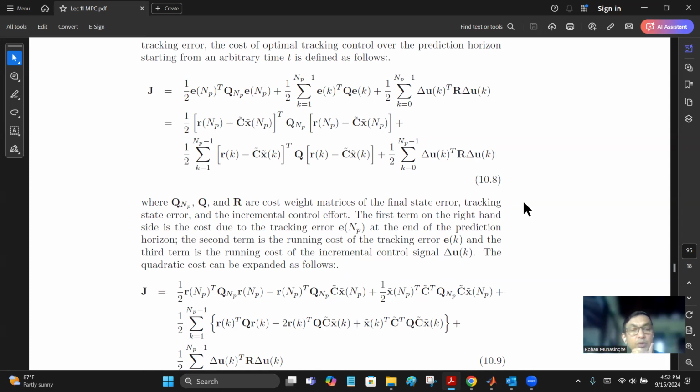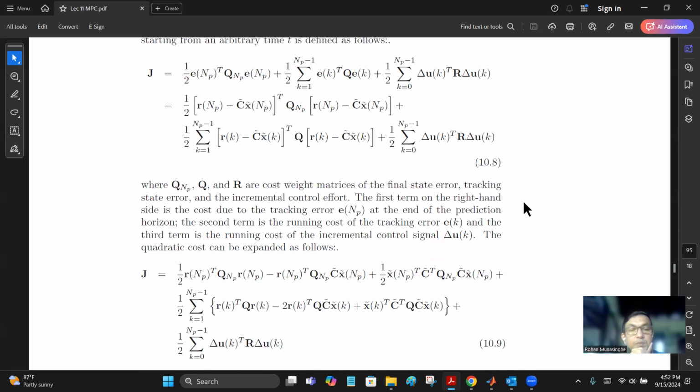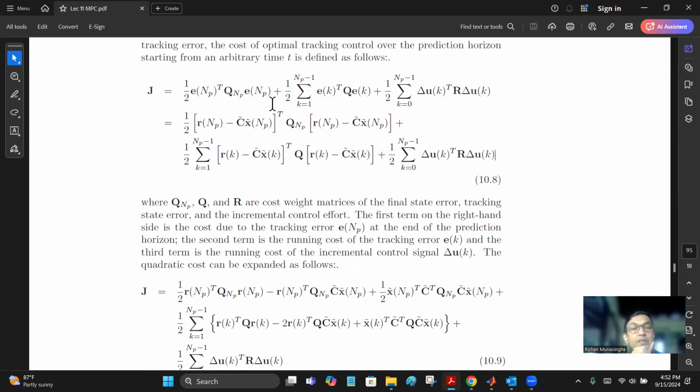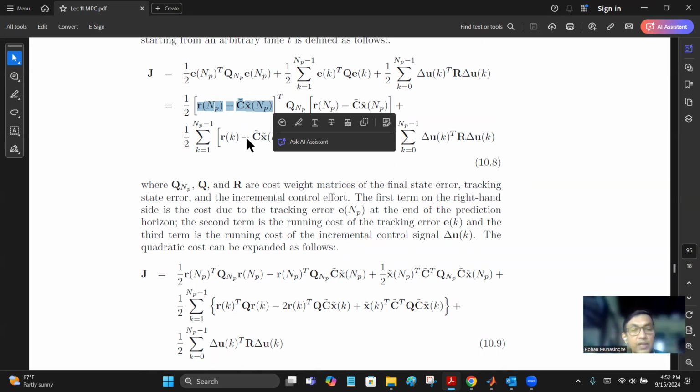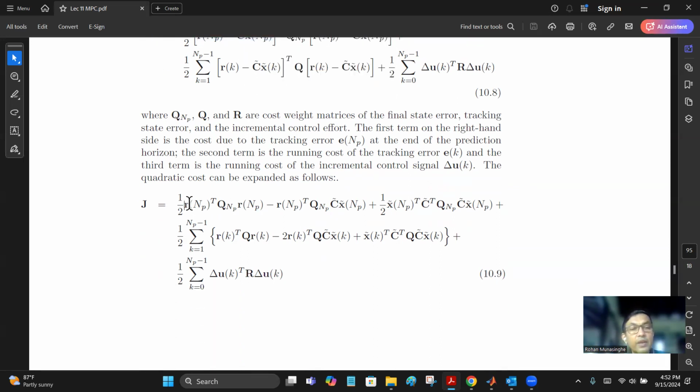So then what do we do? We are expanding this equation now. You have R NP minus C tilde X tilde NP, whole thing transposed. You can break this into two terms and write it like that, with R NP the reference value, also here.